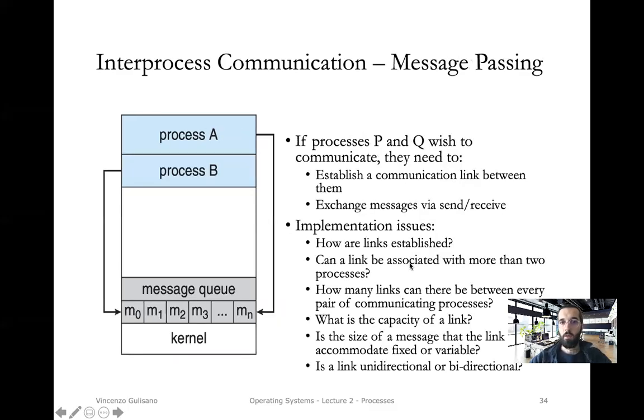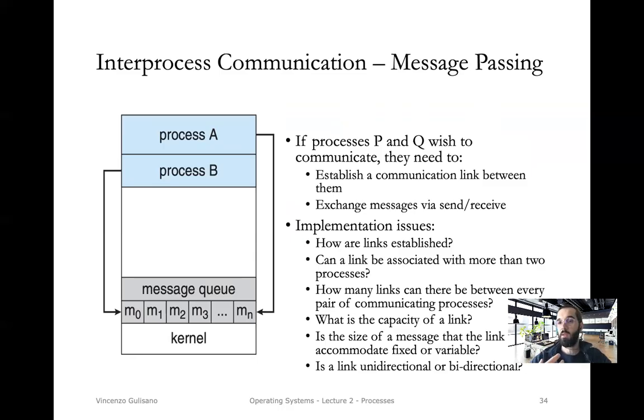On the other hand, if you use message passing that is managed directly by the operating system, it might not perform as well as shared memory, but it becomes way simpler to, let's say, maintain, at least from the perspective of the process, because you don't need to synchronize processes yourself. You can rely on the operating system.